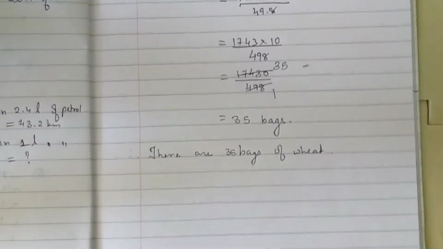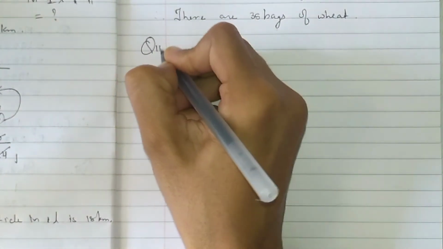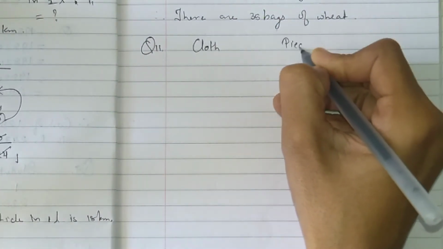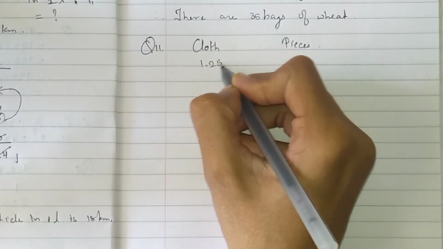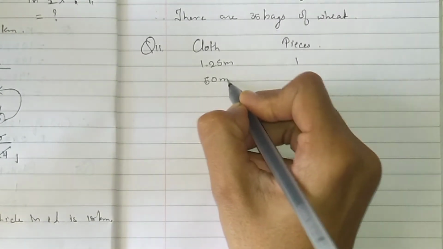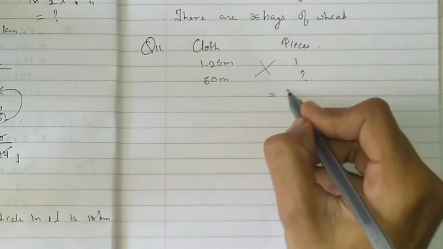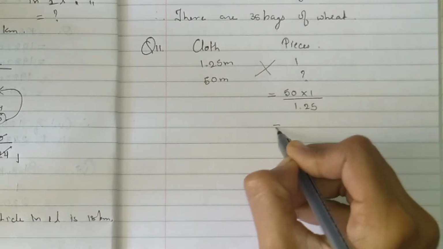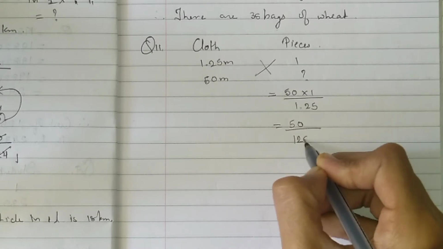Let us see question number 11. First of all, we'll write cloth and how many pieces she gets. For 1.25 meters, one piece is there and the total cloth is 50 meters. So how many pieces? Cross multiplication, equal to 50 into 1 upon 1.25. Take out this decimal. 50 upon 125.